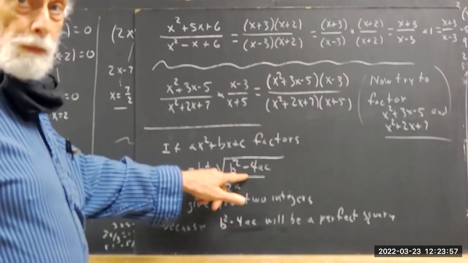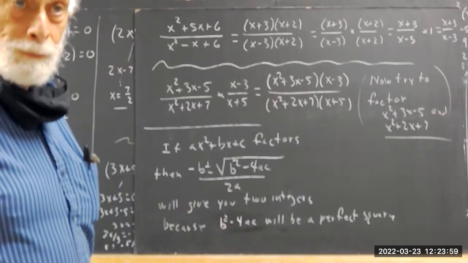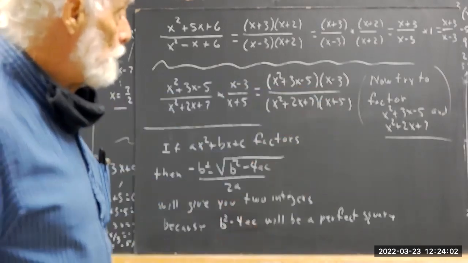Since you're taking the square root of it, you want it to be a perfect square. If it isn't, it's definitely not factorable.